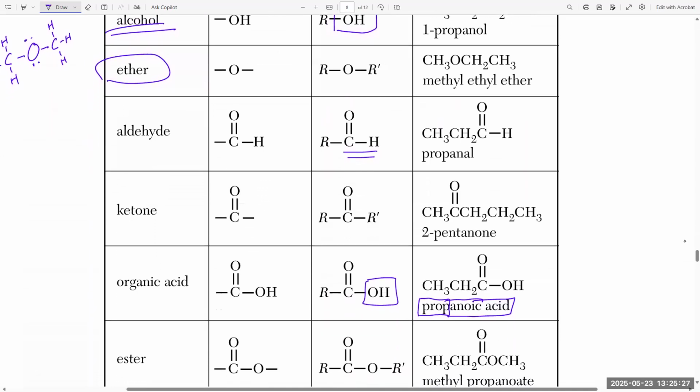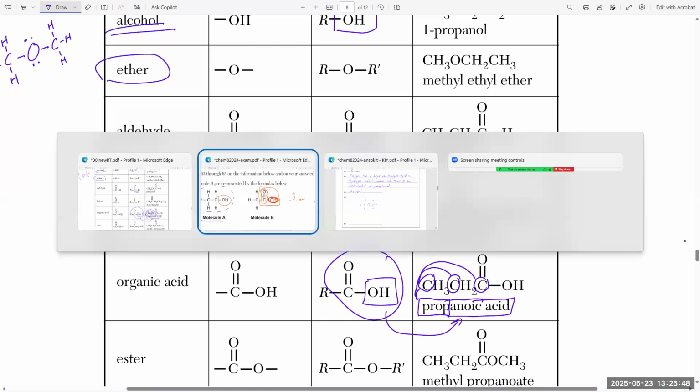How many carbons do you see? 1, 2, and 3 carbons. And that's why this one is called prop. So essentially what we do is count the number of carbons, and then because of this, it's an anoic acid, right?